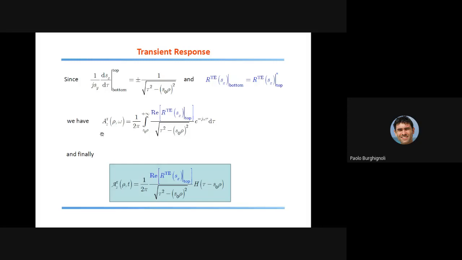So again, we have arrived at the final step in which we recognize that this is a direct Fourier transform, and therefore we write by inspection the time domain waveform, which is exactly the same as in free space, but now in the numerator we also have this additional blue term that incorporates the reflection coefficient of the interface, evaluated on the top part of the Cagniard-de Hoop path.